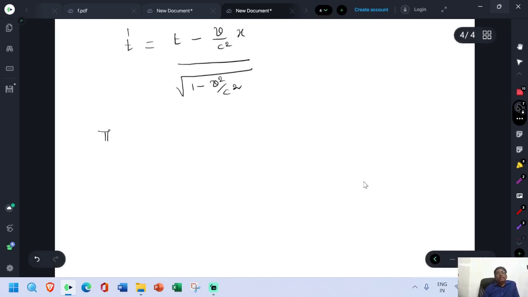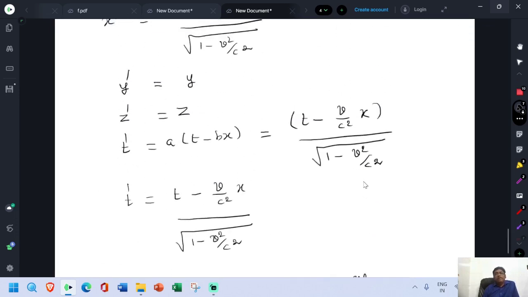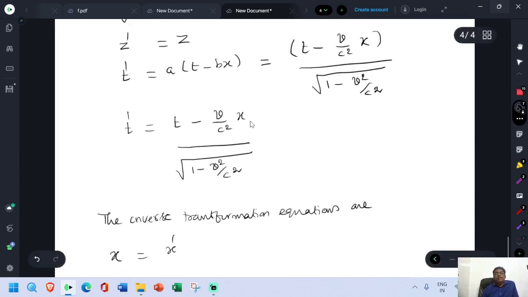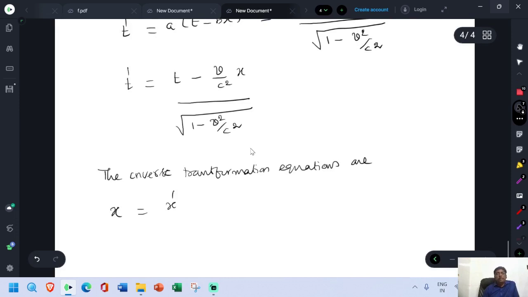Then the inverse transformation equations are x equal to x dash plus vt divided by root of 1 minus v square by c square; see here, x dash is equal to x minus vt, so minus v is changed to plus v.